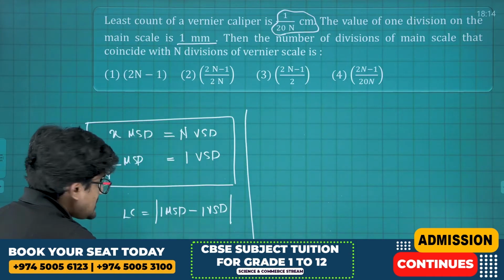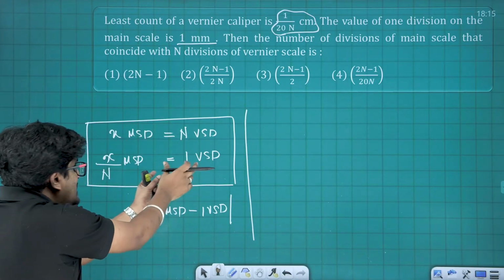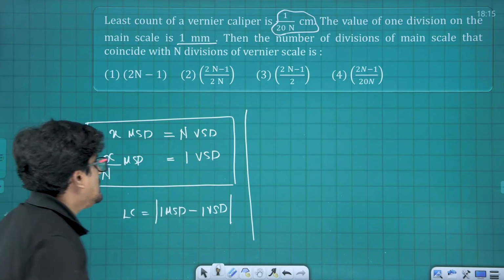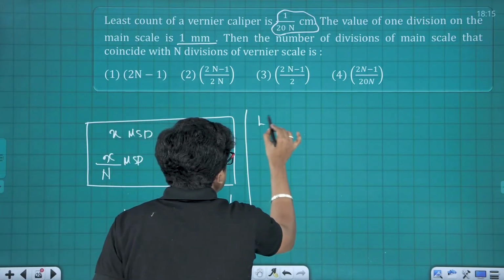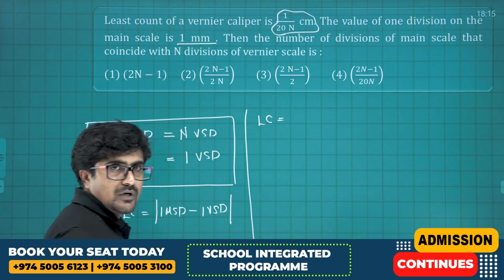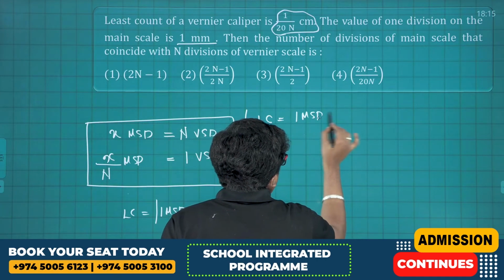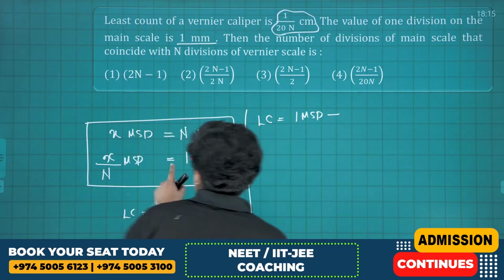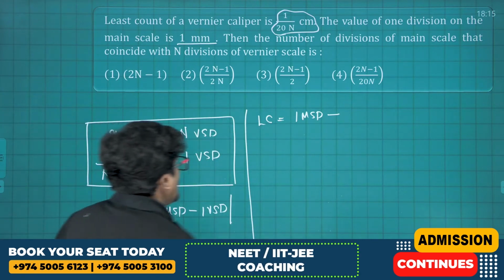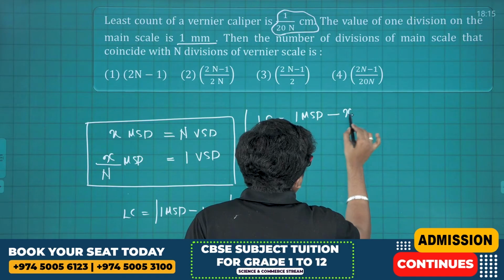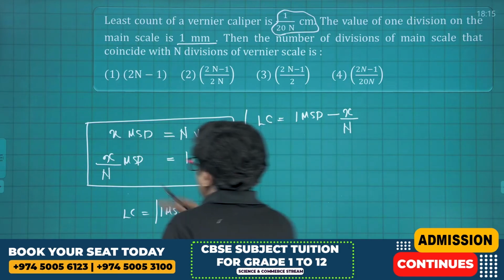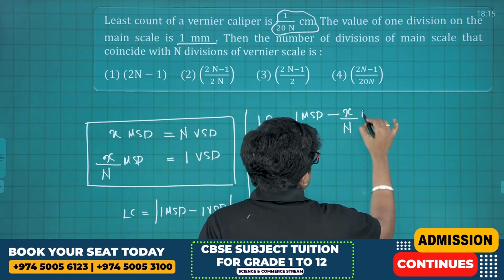So considering this, and if I substitute the value of 1 VSD over here, I can say the least count is now equal to 1 MSD minus, what about 1 VSD? It is small x upon capital N MSD.